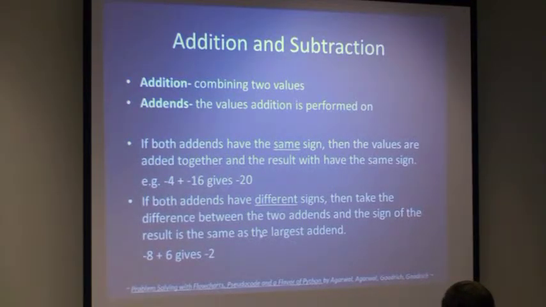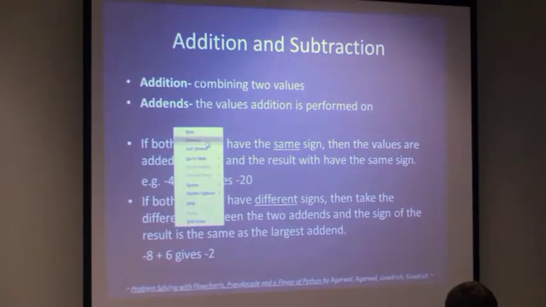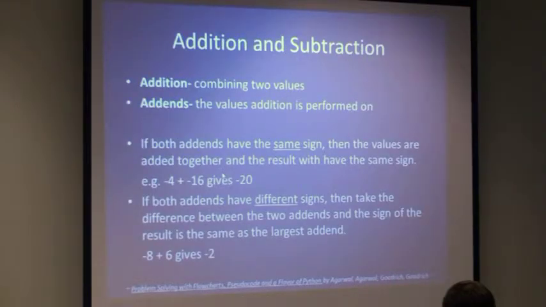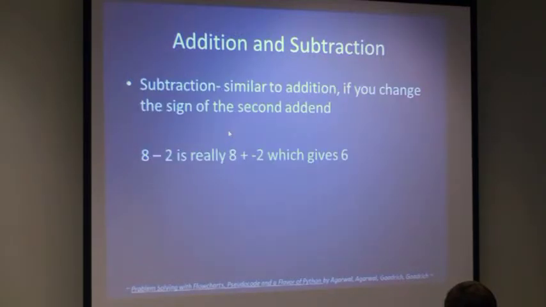This is all review, right? In math and high school, etc., you've seen all this. But the main thing to remember is the definition of addend, operator, and operands. So we'll see more operands and we'll see more operators in a minute. This is the simplest one. The plus sign is the simplest one. Okay, subtraction is really addition if you think about it.